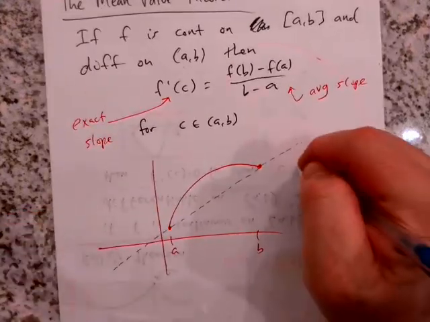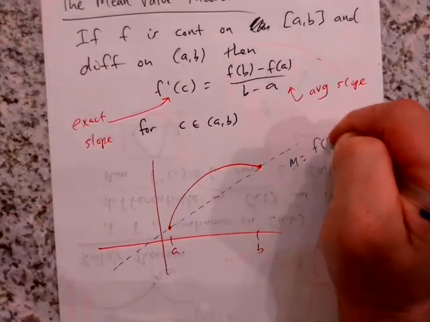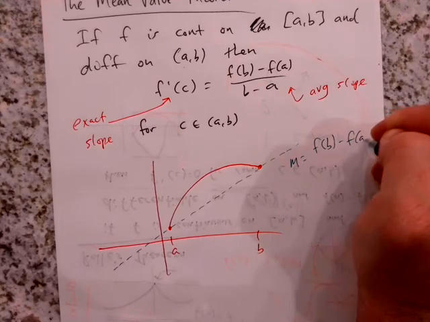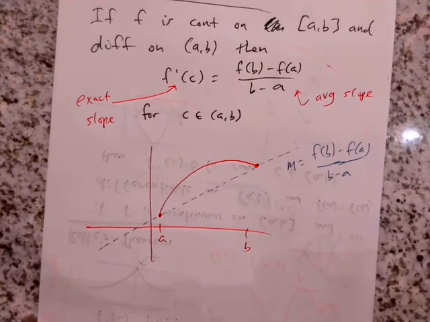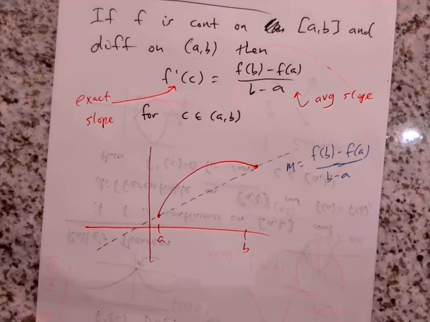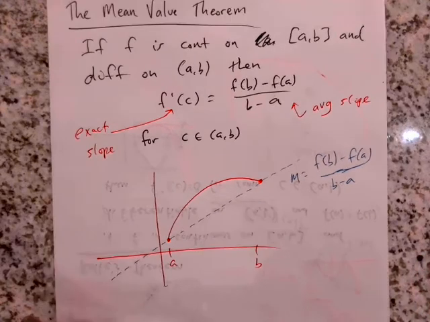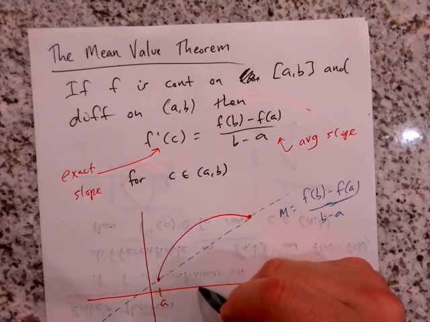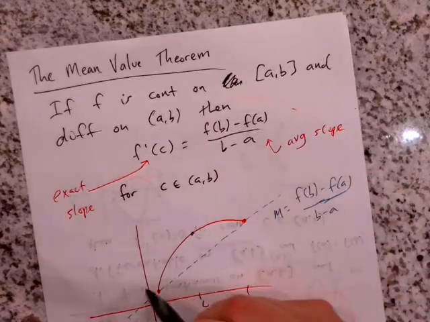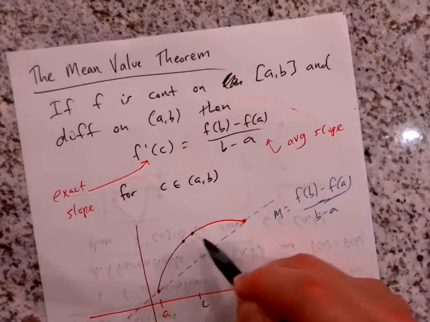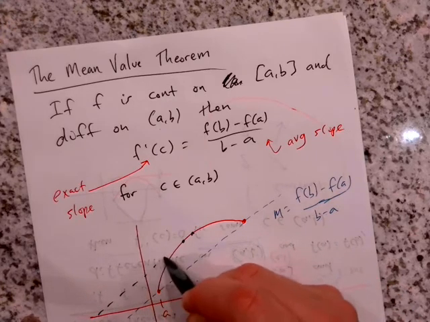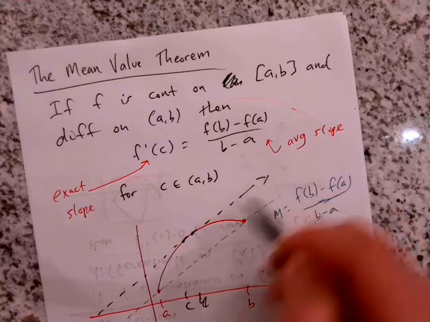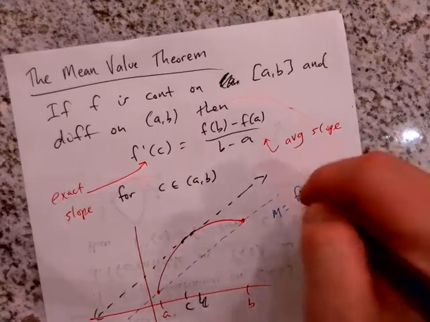Right, the slope of that line is the change in y over the change in x. And according to the mean value theorem, for a continuous and differentiable function, there's got to be some point c, looks like right about here probably, where the tangent line, over here actually, the tangent line to the graph at that point has the exact same slope.